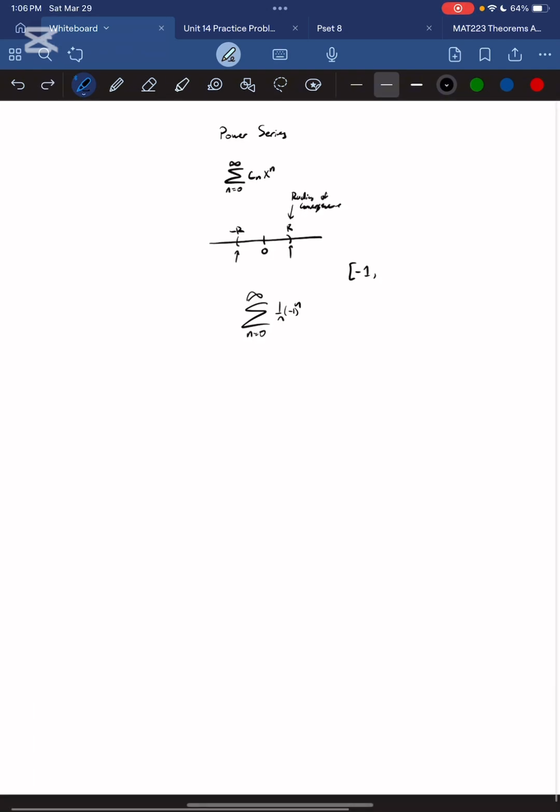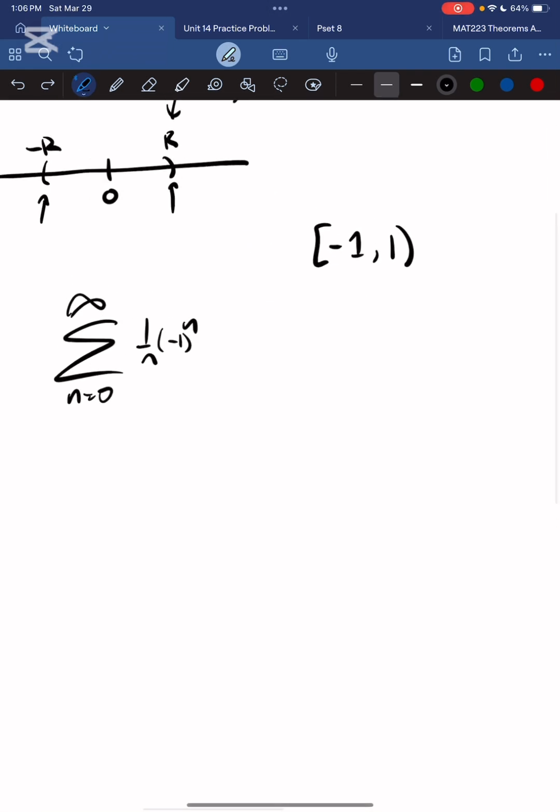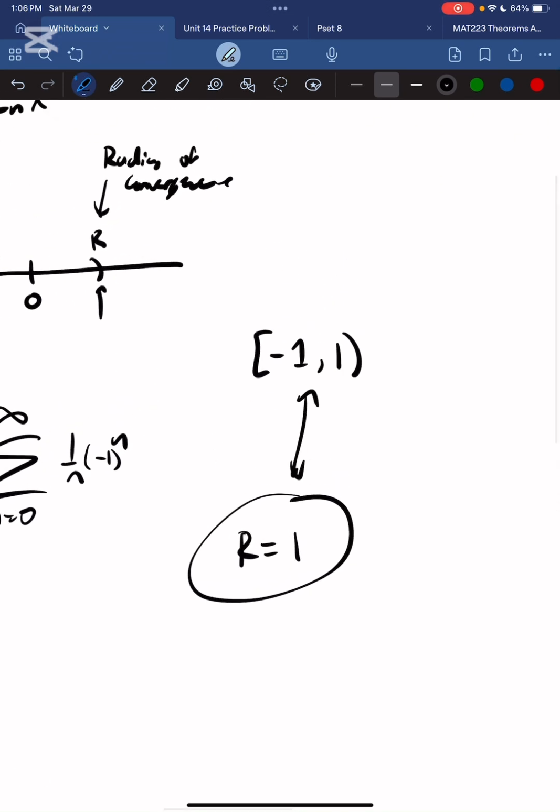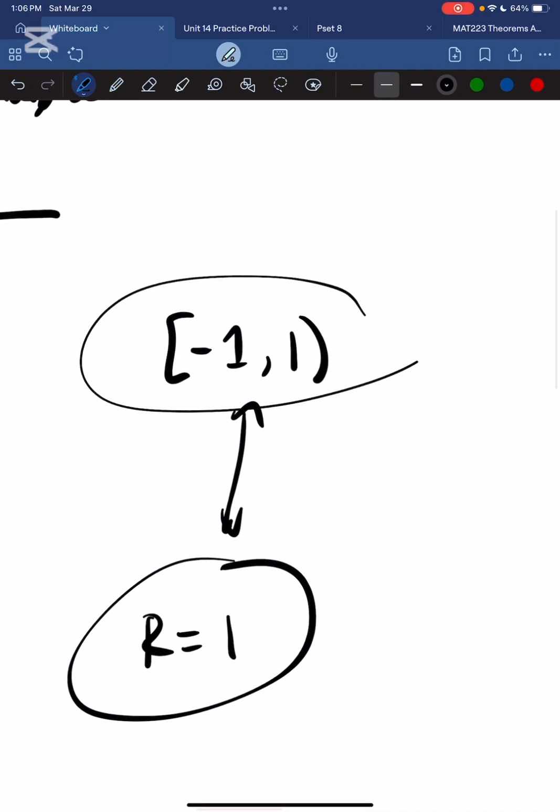All right, wait, backtrack. Quick notation jargon thing. This is called the domain of convergence, whereas this is the radius of convergence. All right, different things. This is also called the interval of convergence.